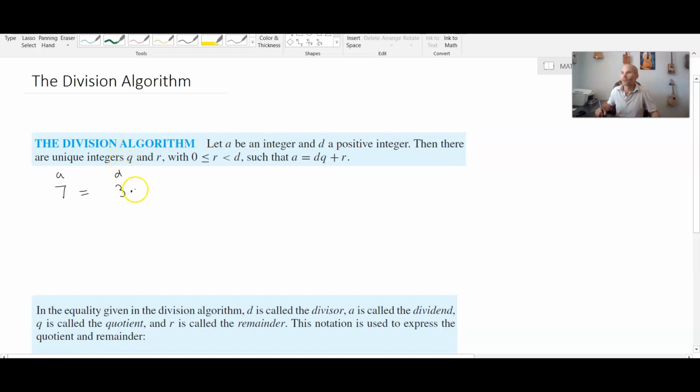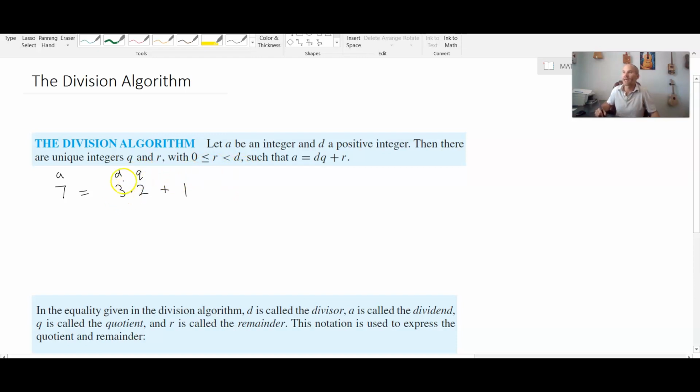So we multiply by 2, and that's the greatest number of copies of 3 that we can subtract from 7. 7 minus 3 is 4, minus 3 is 1, and that leaves me with a remainder of 1. So 7 is equal to 3 times 2 plus 1, which is a true statement.